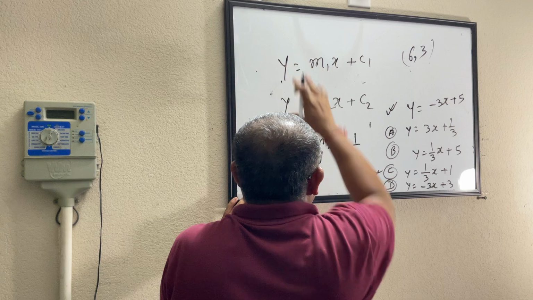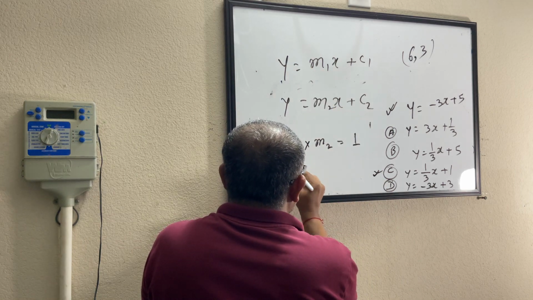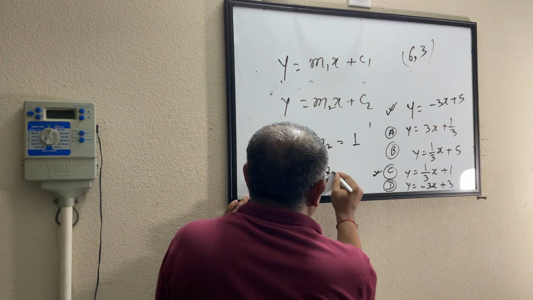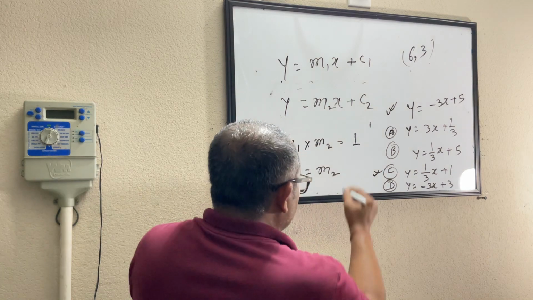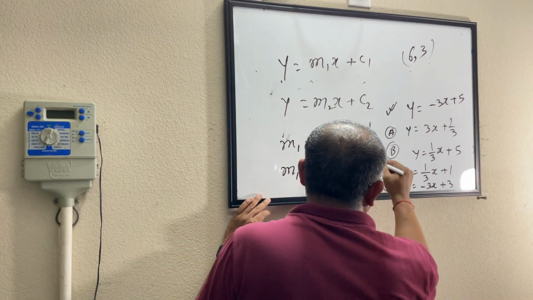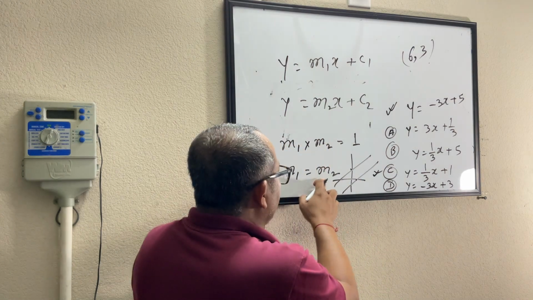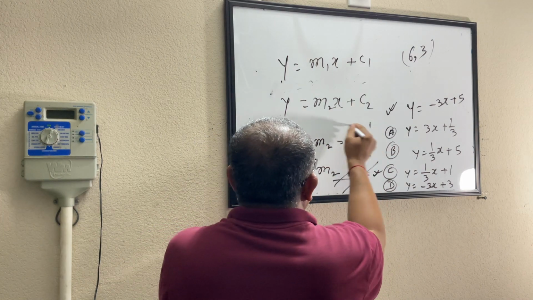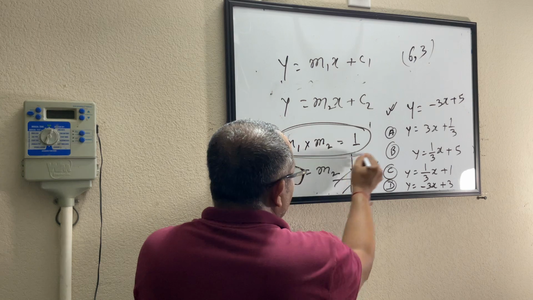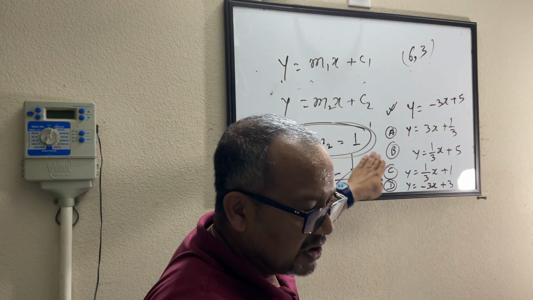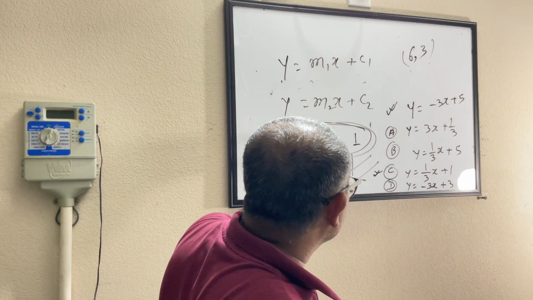When these two lines are parallel to each other, then m1 will be equal to m2. The slopes will be the same. If I say that this line and this line are parallel, means the slope of this line and the slope of this line are same. When they are perpendicular to each other, the multiplication of the slope of the two lines will be equal to -1. So you should use this concept.